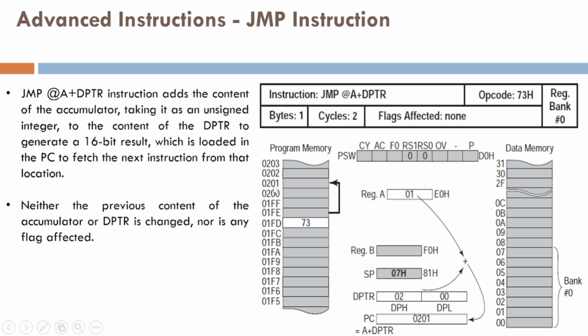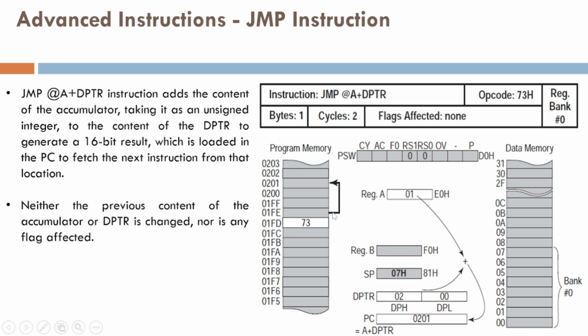See, the arrow is from here to here. Why? Because once the 73 was fetched by the control, the program counter was automatically incremented to this.